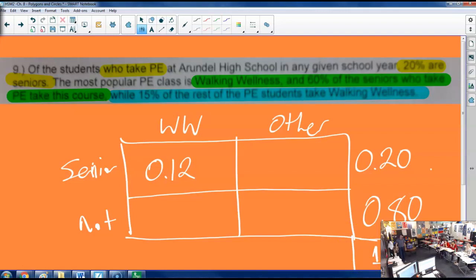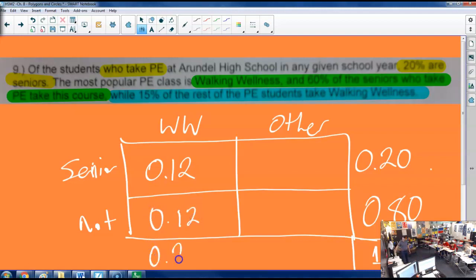So you do 15% of 80, which is, let's see, use a calculator because I don't know what that is. It's 0.12. So where does that go? The not. Just below our other 0.12, right? Because it actually comes out kind of nice in a weird way.